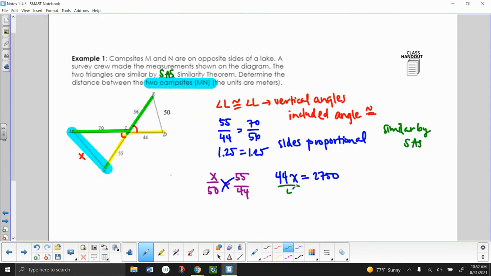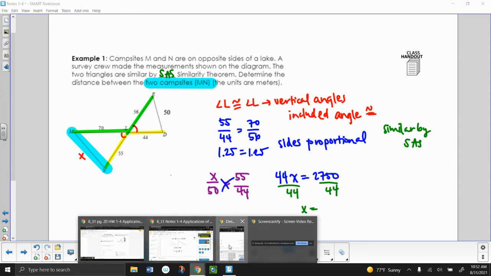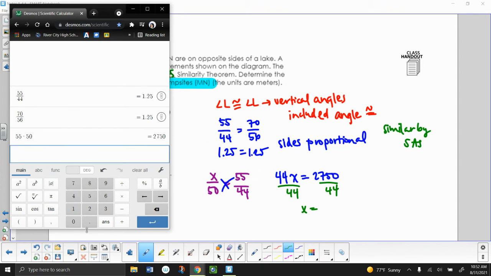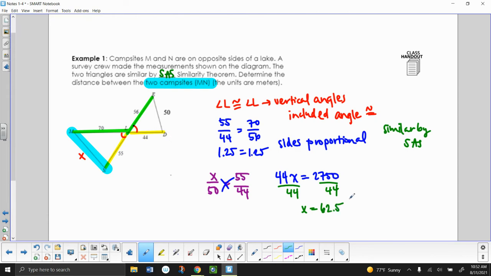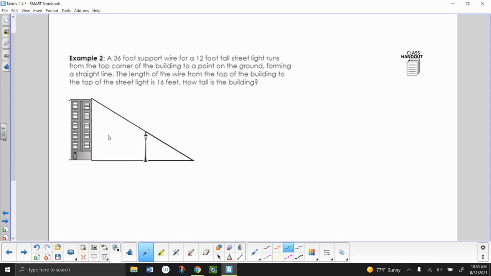Then divide both sides by 44, and you get 62.5. The word problem should have word answers, so I'm going to write this as a sentence. The distance between the two campsites is 62.5 meters.